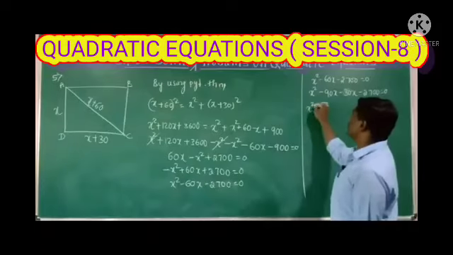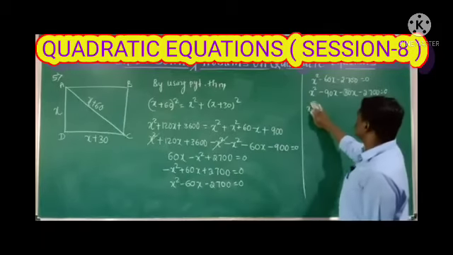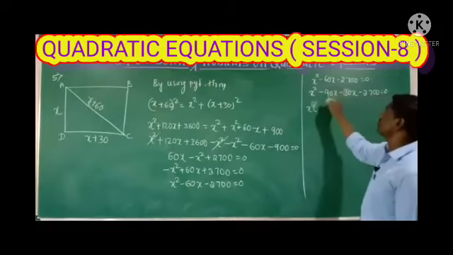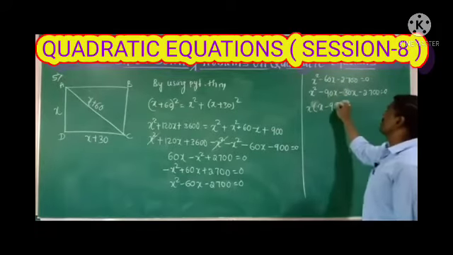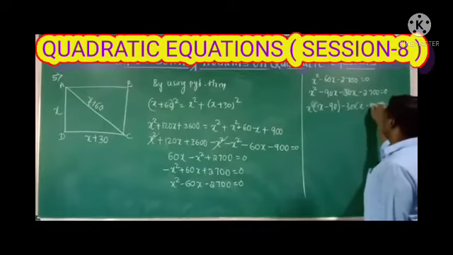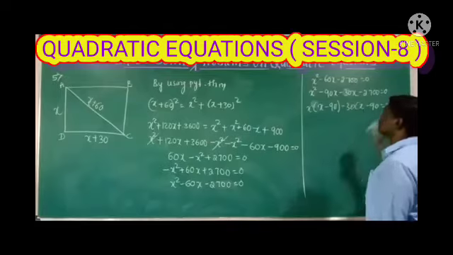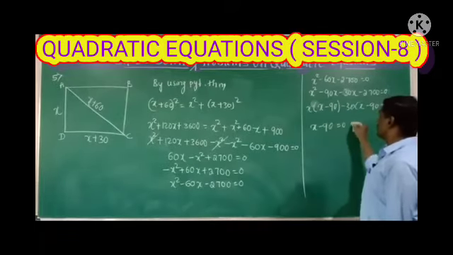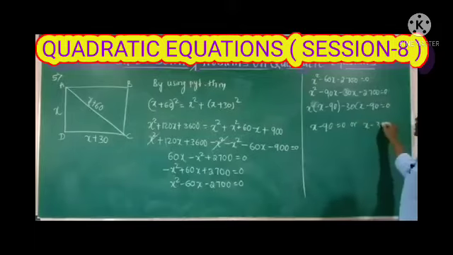So x square, in the first two terms what do you have to take common? x. Taking x as common gives x minus 90. In the last two terms, plus 30 is common, so x minus 90, which is equal to 0. x minus 90 is equal to 0 or x plus 30 is equal to 0.